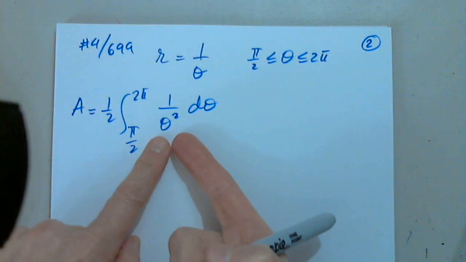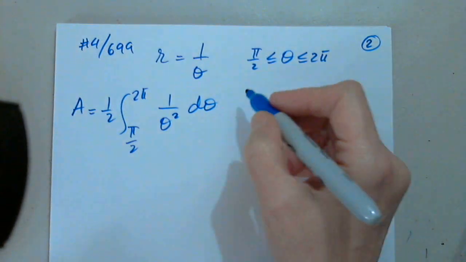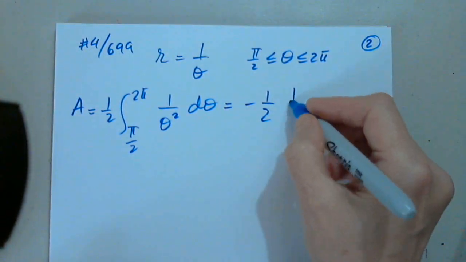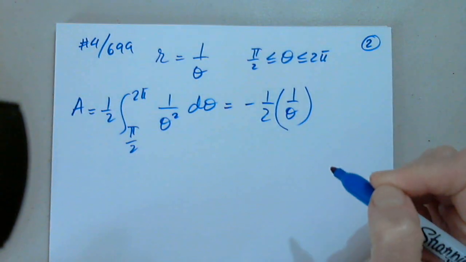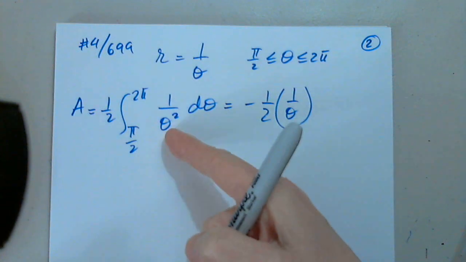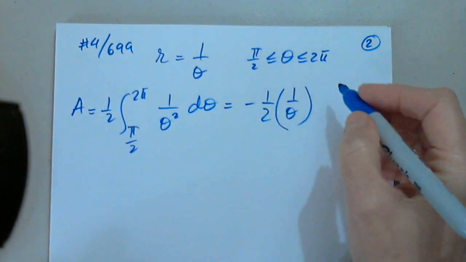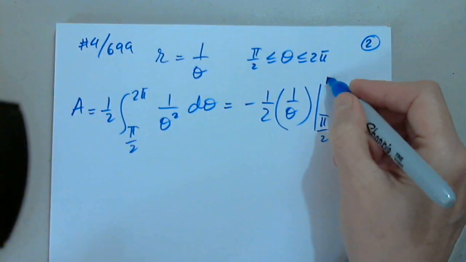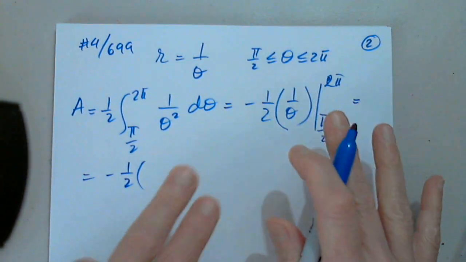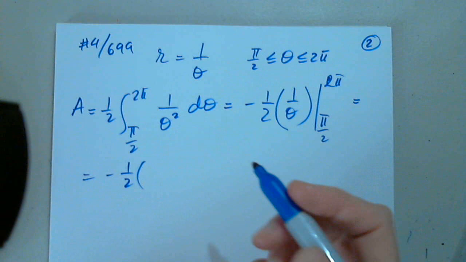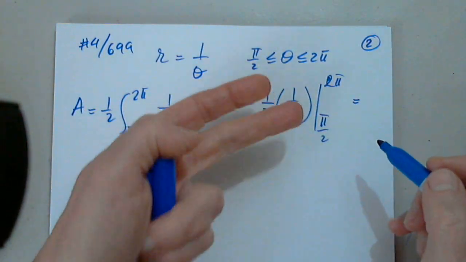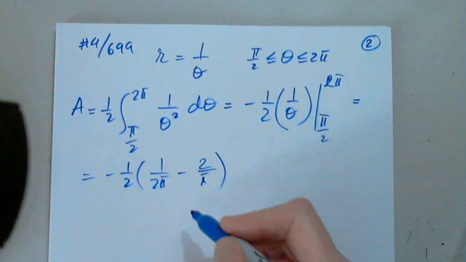Remember what this is? We talked about it a long time ago in chapters 6 and 7 and Calc 1. So this is negative 1 over 2, 1 over theta, because 1 over theta with minus in front, prime, is 1 over theta squared. And of course from pi over 2 to 2 pi. Leave the constant outside, plug in 2 pi, 1 over 2 pi minus, when we plug in pi over 2, we have to flip, so minus 2 over pi.